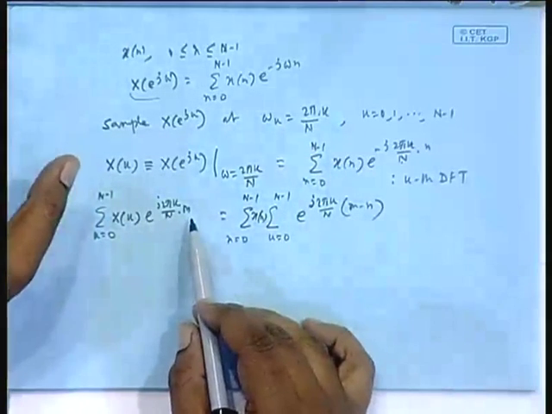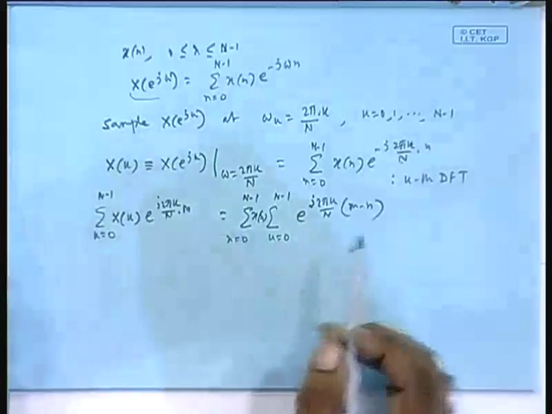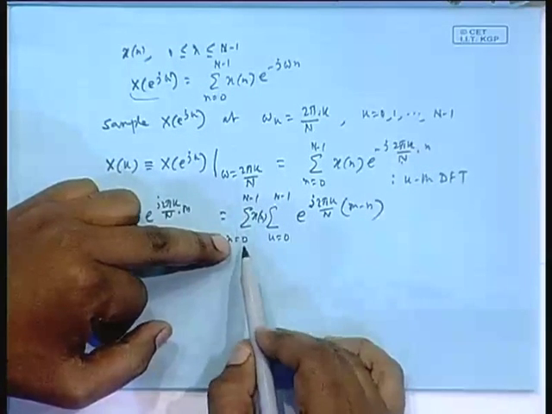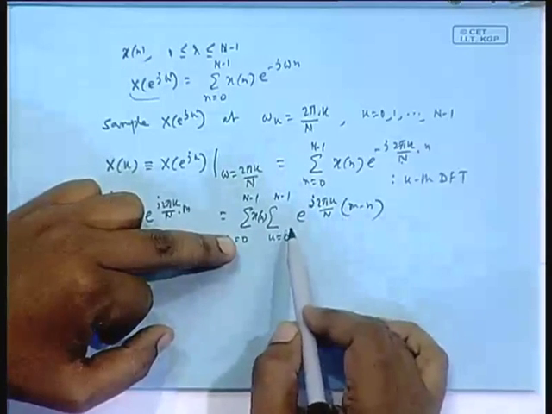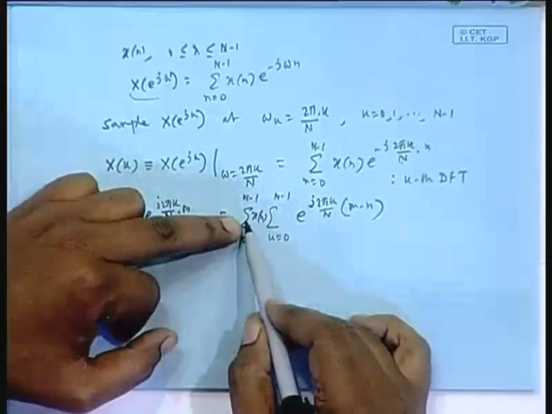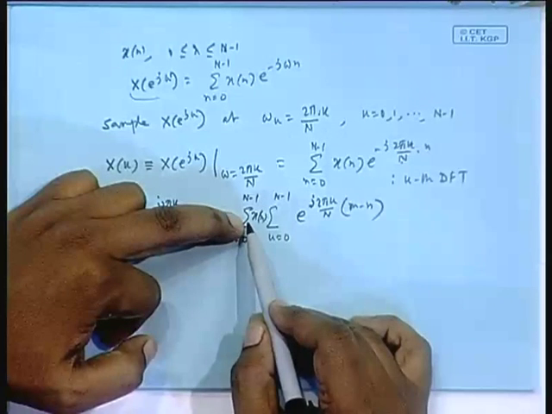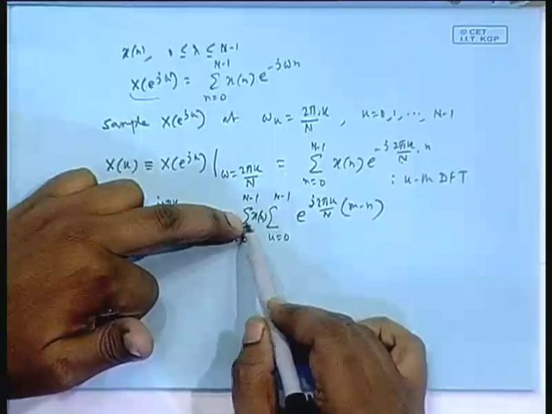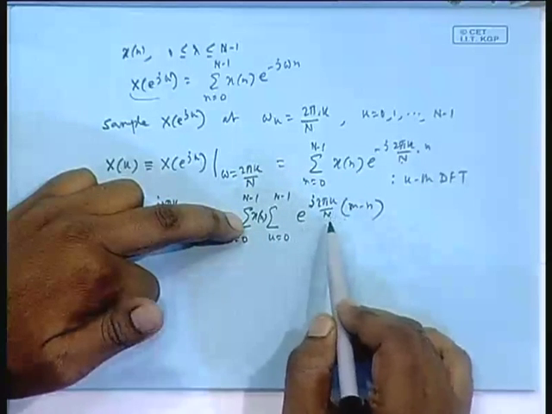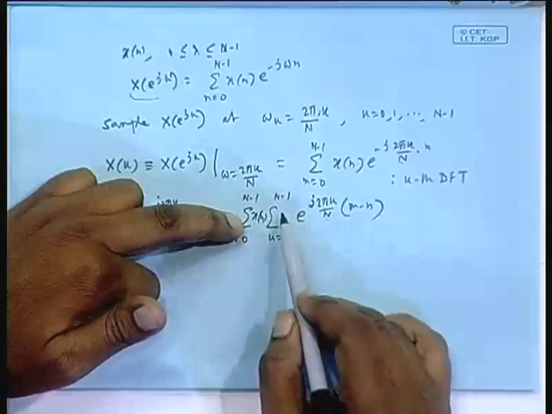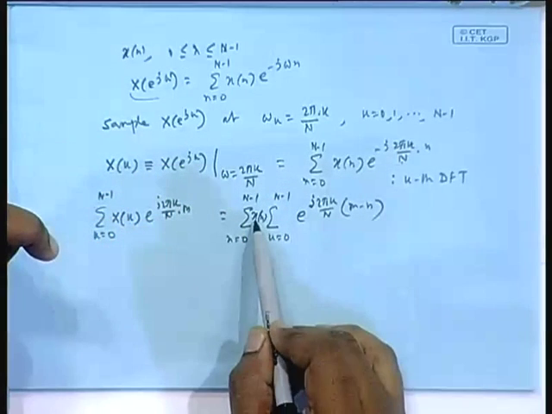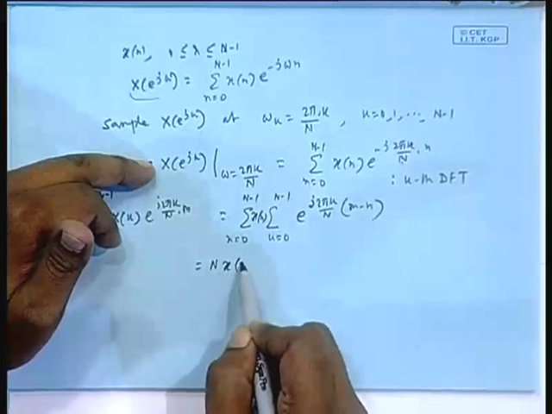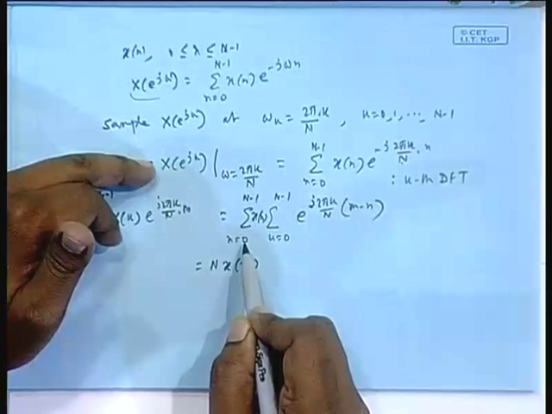Small m is your choice. Now, n is varying. For each n fixed from outside, you are running the summation over k. When n hits m, that time it is e to the power 0, which is 1, 1, 1, 1 added N times, giving N times x[m]. So, one term is N times x[m] when small n equals m.